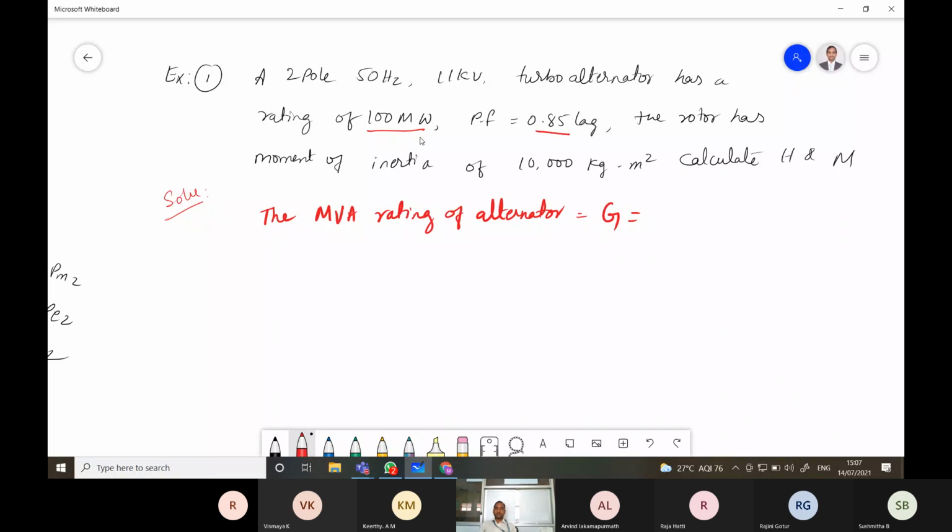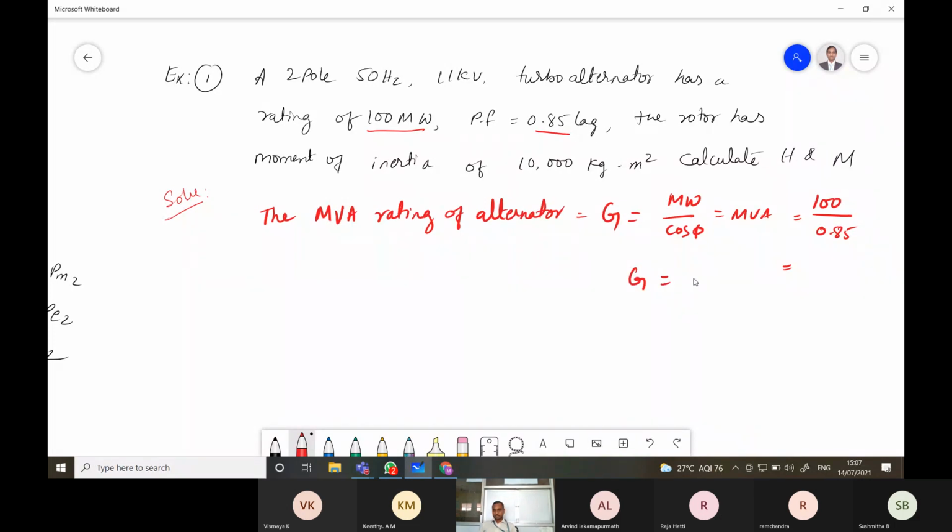So MVA is equal to megawatt by cos phi, that is equal to the MVA rating. What is megawatt here? 100 megawatt. So cos phi, the power factor, is 0.85. This will give the value of G, that is the alternator.